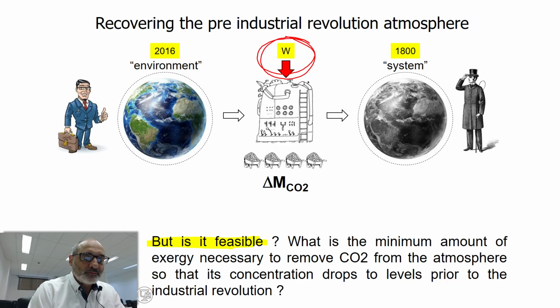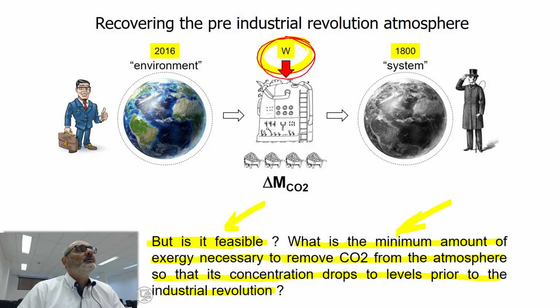If it's feasible, what is the minimum amount of exergy necessary to remove CO2 from the atmosphere so that its concentration, that's the initial problem proposition, drops? So we want to know if the process is feasible, if this amount of work is tractable, and if it is, what's the minimum amount necessary for this.